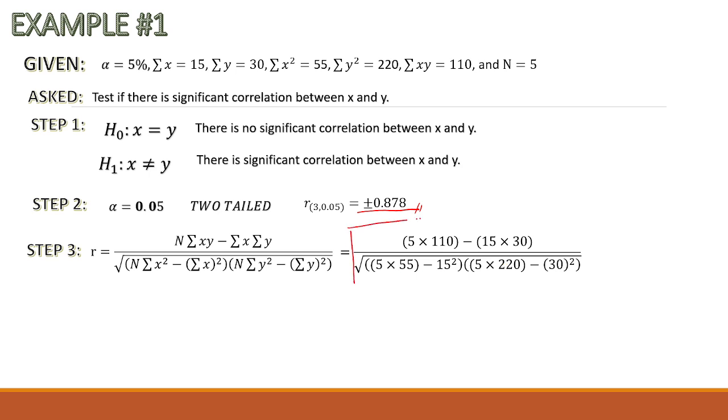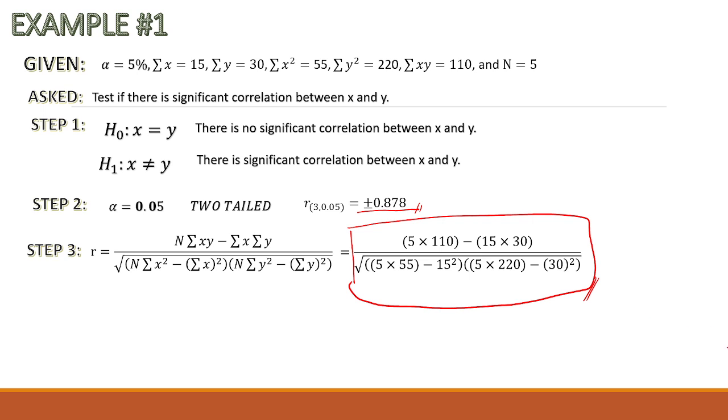Ito yung tama na pag-type. Lagi nyong tatandaan, ganito: we have 5 sa taas, multiply by 110 minus 15 times 30 over square root of, dalawang parenthesis open, 5 times 55 minus 15 squared multiply by 5 times 220 minus 30 squared.